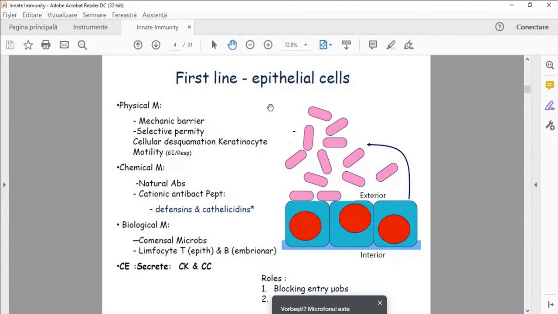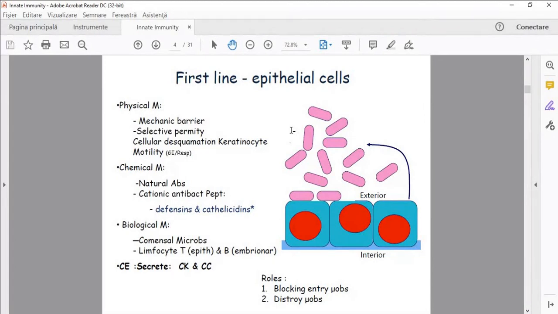All of these are protected by a continuous layer of epithelial cells, which represent the physical interface between the environment and the internal environment, and also represent the first layer of protection. This layer of epithelial cells intervenes from the first seconds after contact with microbes to block their entry into the body, and they are also able to remove microbes very quickly.